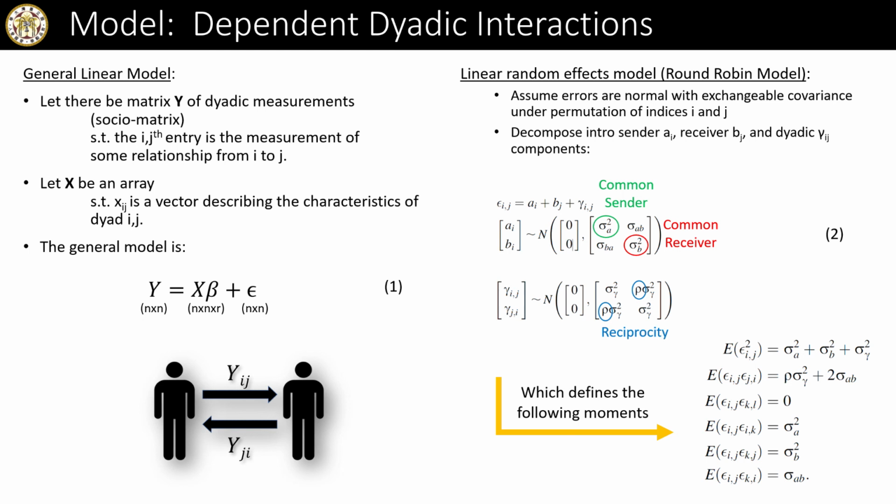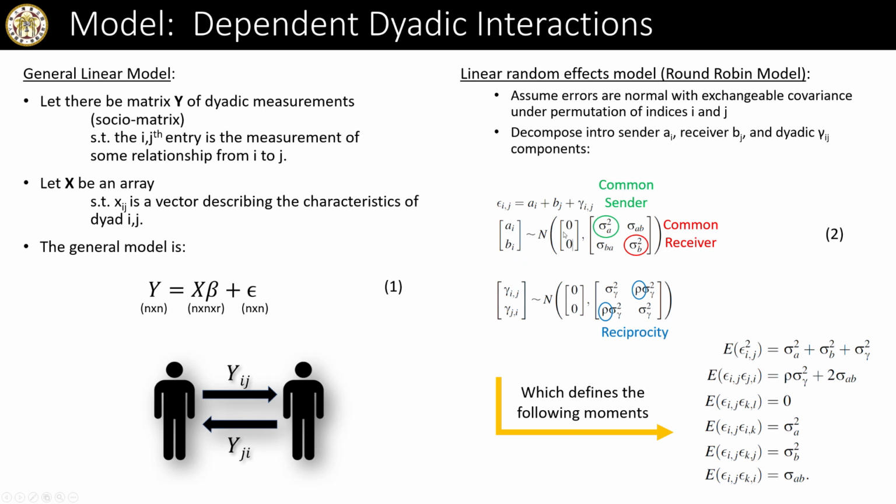And they further decompose these effects into sender, receiver, and dyadic components, so that's a sub i, b sub j, and then gamma sub ij. And so those sum together in our error term here. So e sub ij equals a i plus b j plus gamma ij.